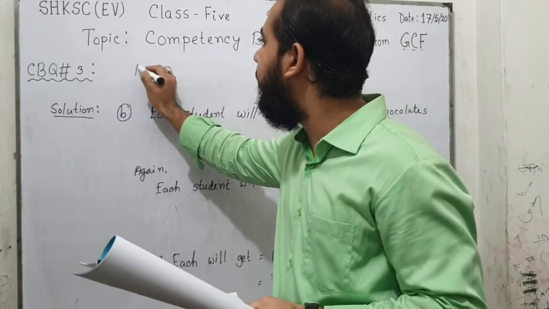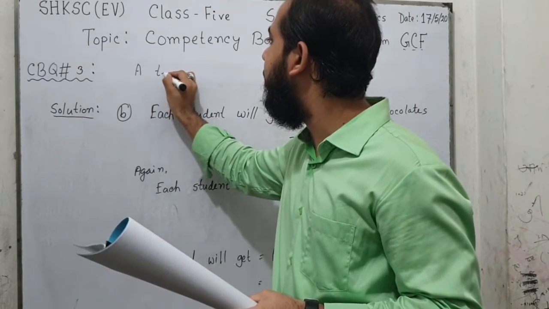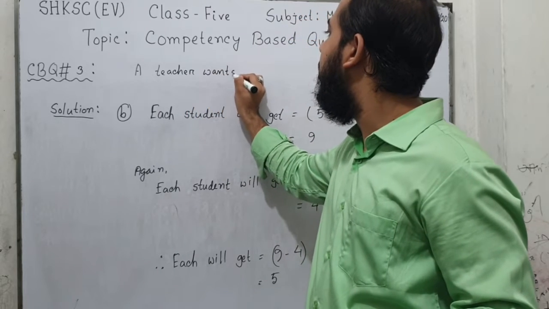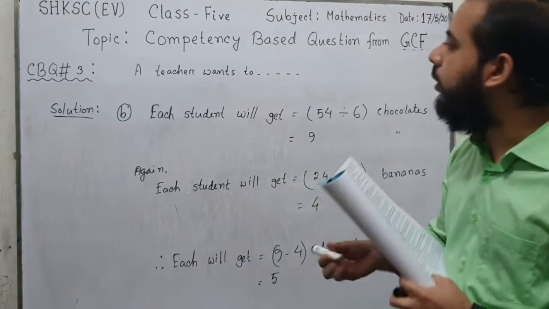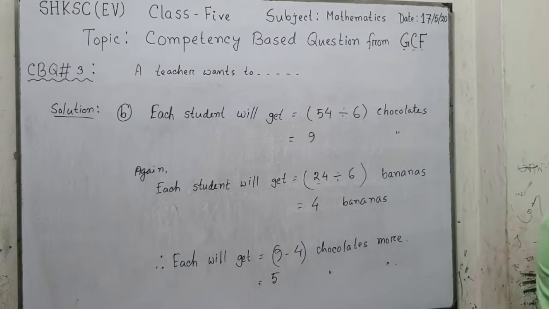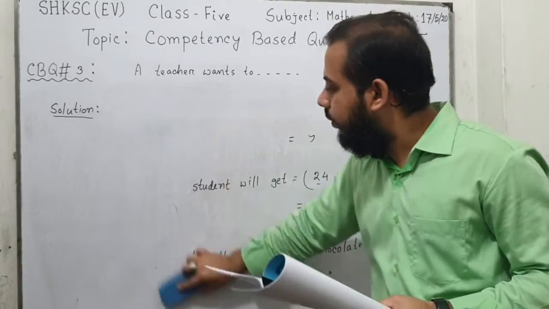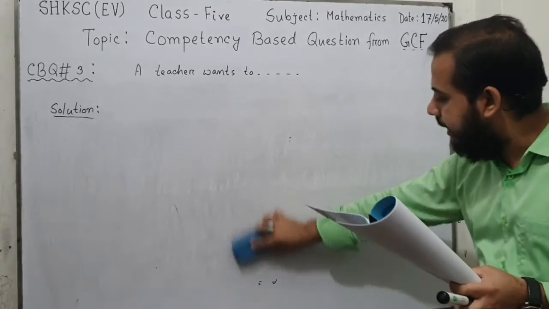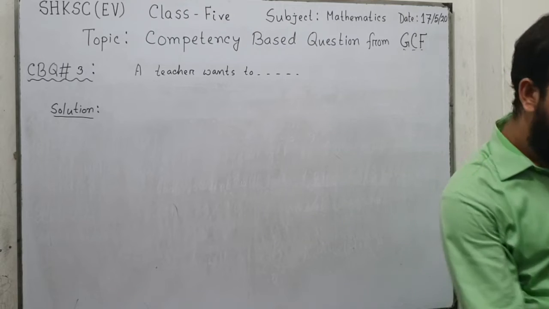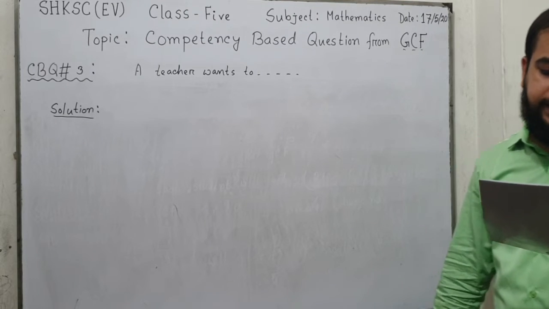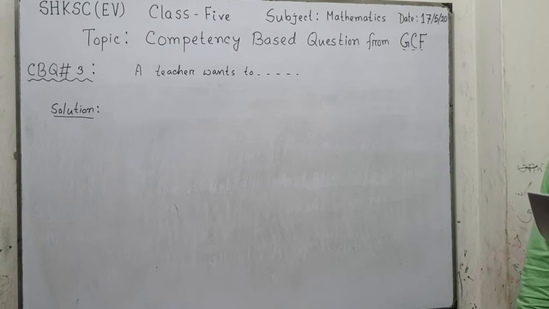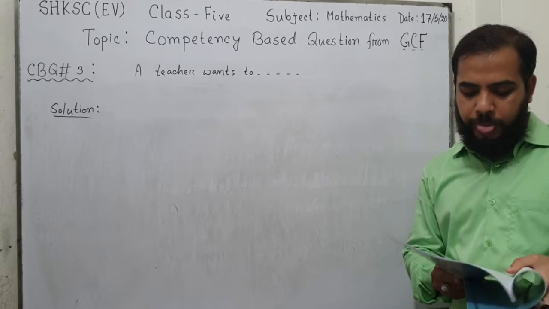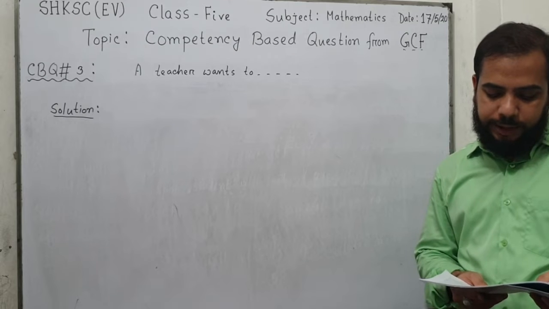A teacher wants to divide 60 pencils, 36 erasers and 80 notebooks equally to the students. Find the maximum number of students to whom the teacher can distribute those items equally.